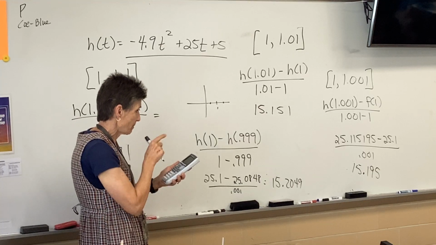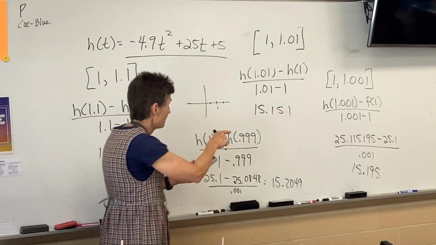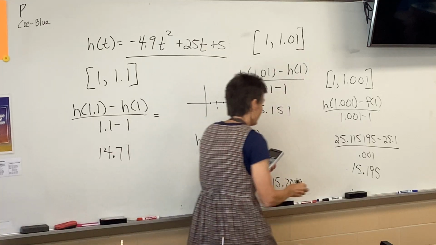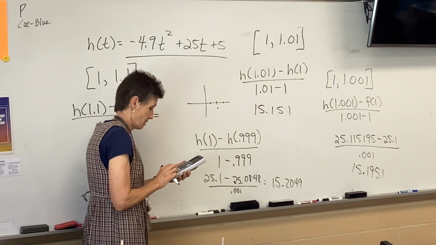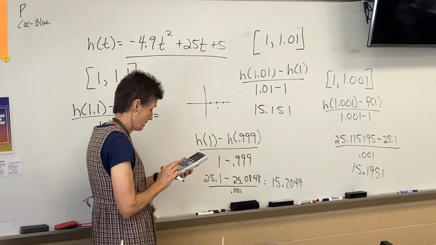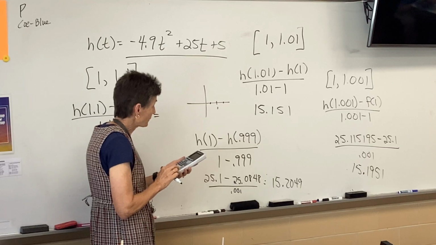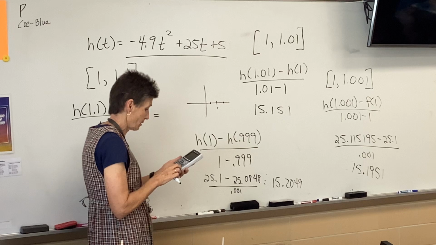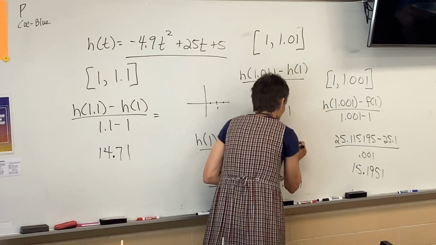And I don't remember if I rounded that off or not. Did we round that off, or is that what that came out to be? There was a 1 after it. Did you get 15.2?